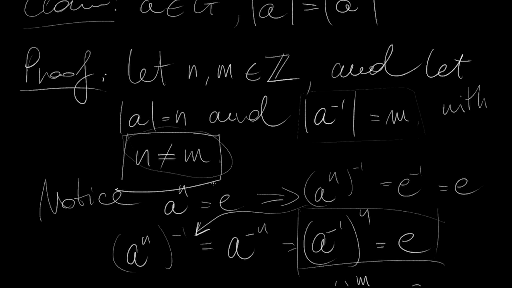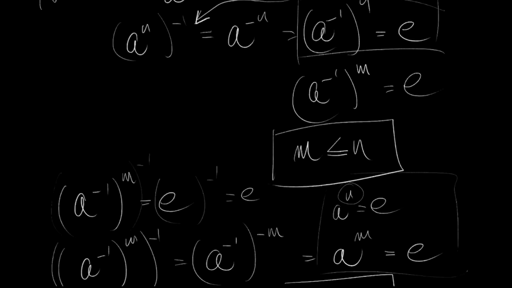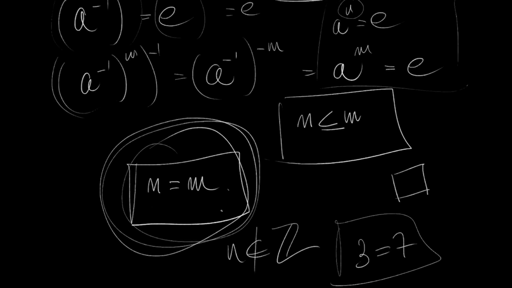Since we're dealing with non-ambiguous statements in mathematics, then this must be false. So n must be equal to m, all right? But not because it's written there. It's kind of a double true proof. Okay, so it's true because of this, and it's true because this contradicts our statement.